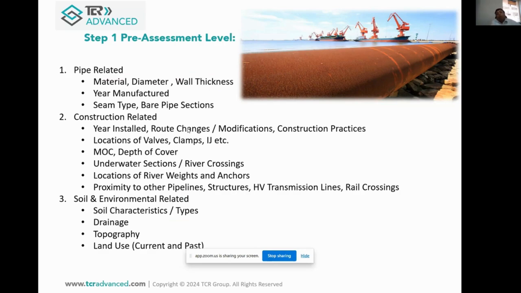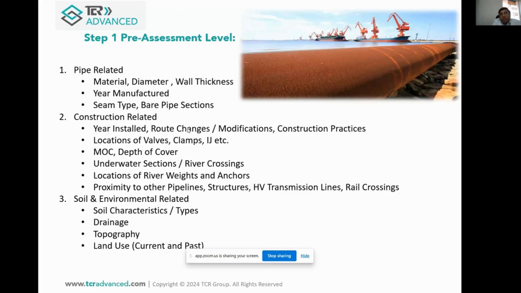You also want construction-related data, like the year it was installed, any changes, modifications, and construction practices for remaining life assessment, RLA, right? You need to have an engineering assessment as well. Basically, engineering assessment means you want monitoring based on level 1, level 2, level 3 and level 4 safety also.